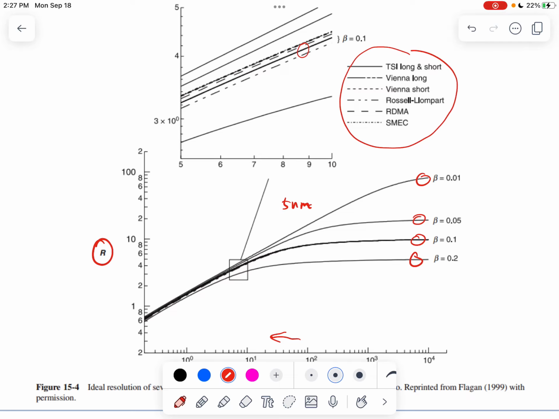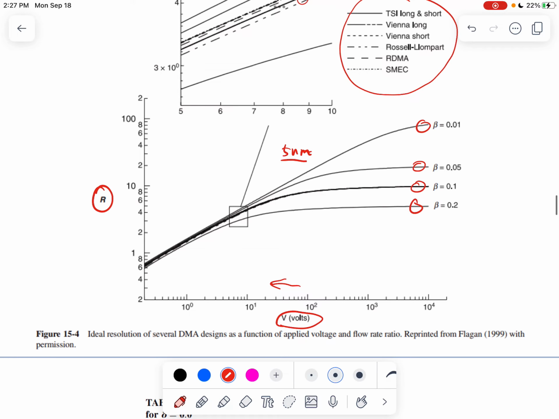So because of that, when you're trying to classify, let's say, 5 nanometer particles, and also to further achieve a certain resolution, you have to find out the right combination of the flows you should use. For example, here, you can see that if you're trying to classify 10 nanometer particles, then by using different flow combinations, you're going to have different resolutions here.